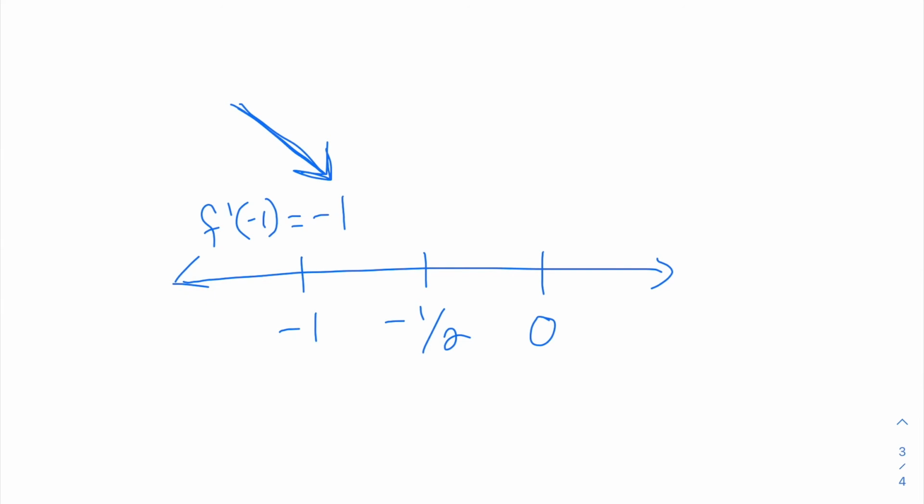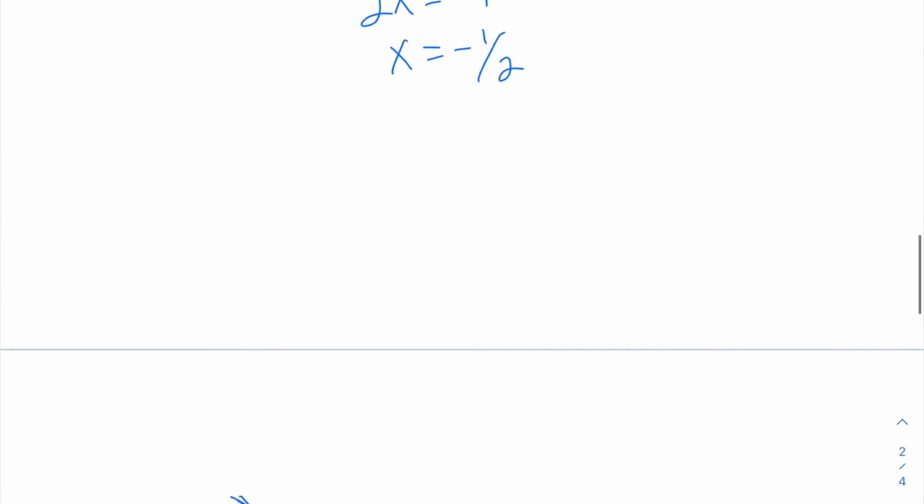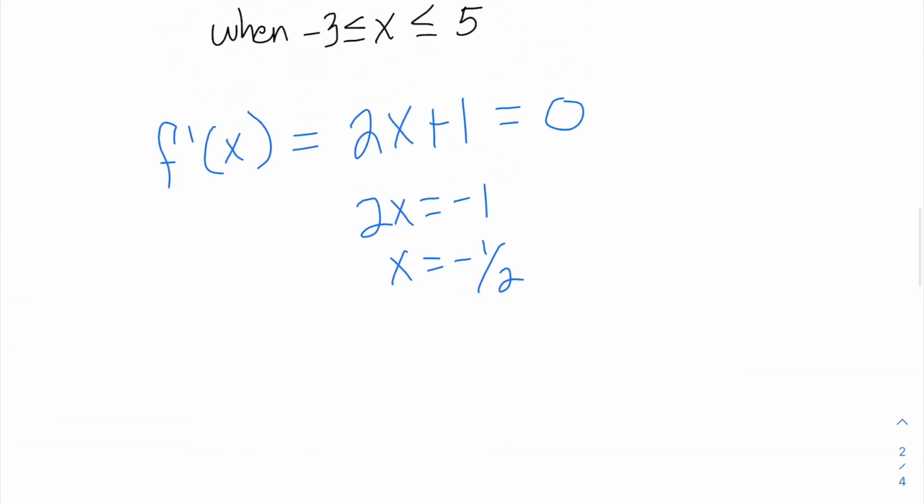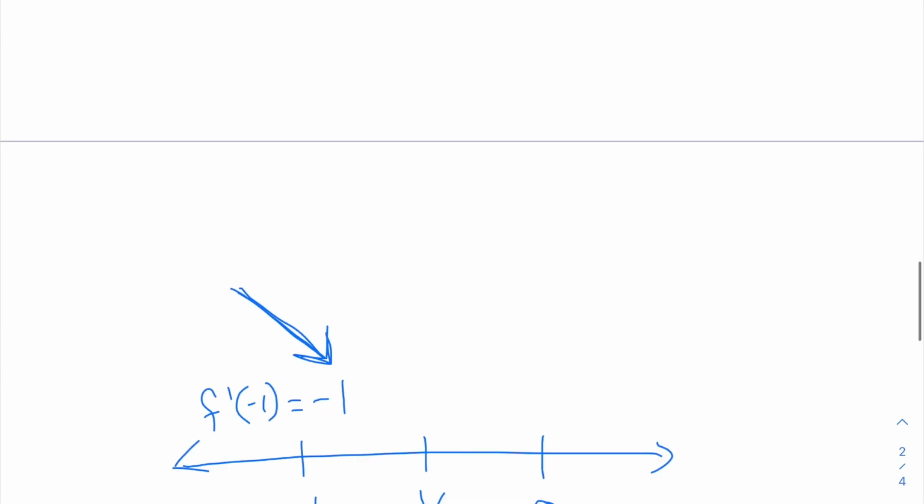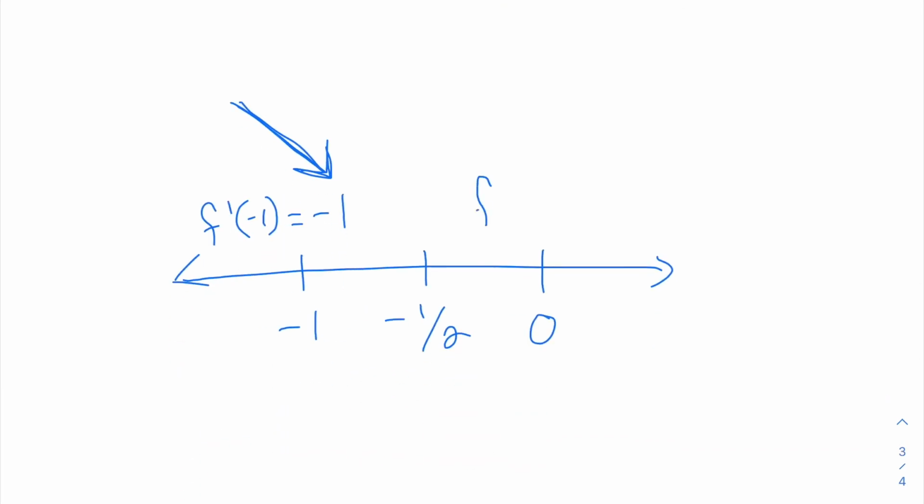And let's see what this is going to look like to the right of negative 1/2. So if you plug in a 0 for x, f prime of 0 would be 2 times 0, which is 0 plus 1. So f prime of 0 would be a positive 1. So you get a positive value, which means a positive slope.